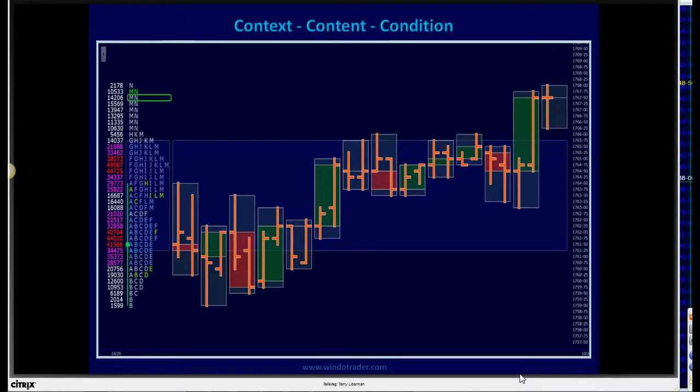In addition to that, we have the mid-range color, which is the next 40% off of the top 30%, and that's colored in blue. And then the lowest 30% of volume is colored in the light gray or light blue color.